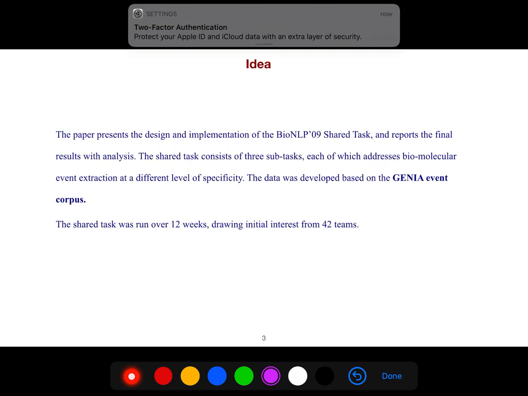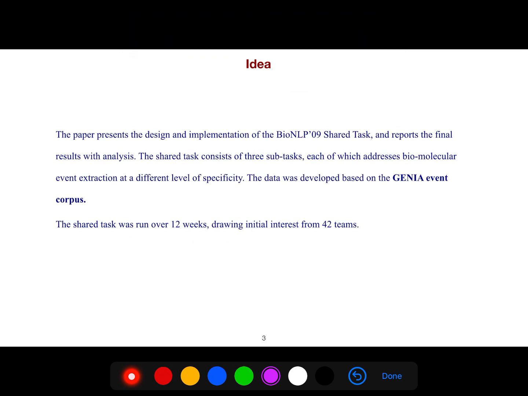The paper presents the design and implementation of the BioNLP shared task and reports the final results with analysis. The shared task consists of 3 subtasks, each of which addresses biomolecular event extraction at a different level of specificity.